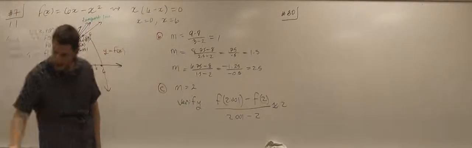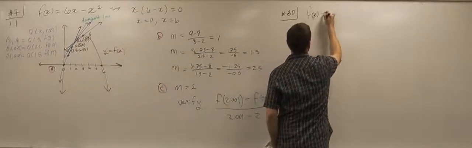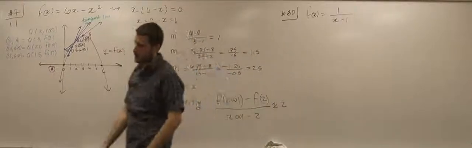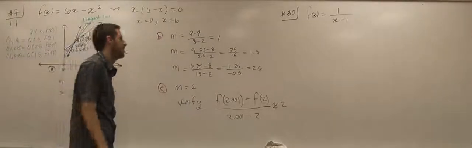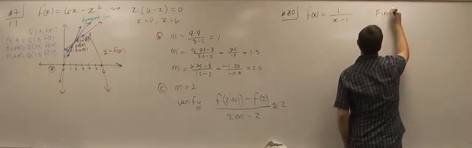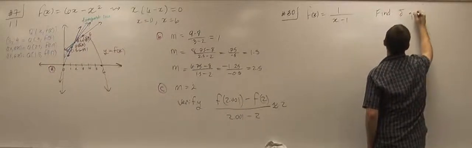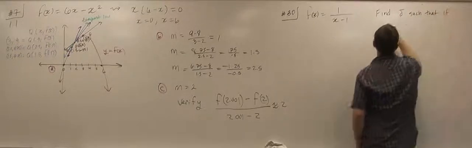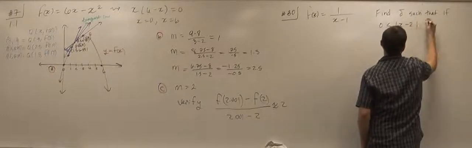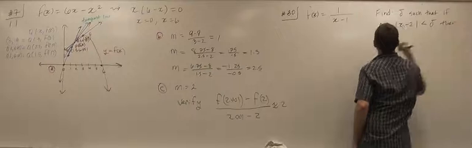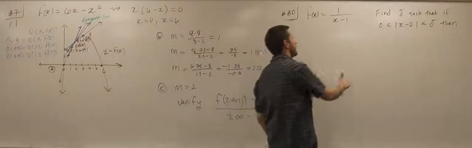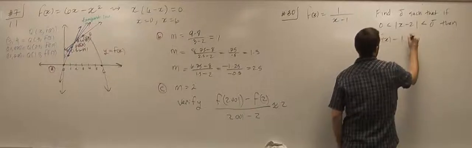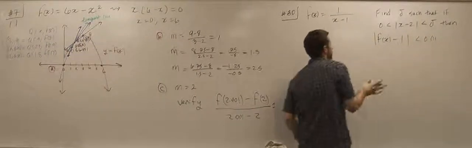It gives you the graph of 1 over x minus 1. It shows you a graph, and then it says, find delta such that if 0 is less than the absolute value of x minus 2, less than delta, then the absolute value of f of x minus 1 is less than 0.01. I got these numbers right.